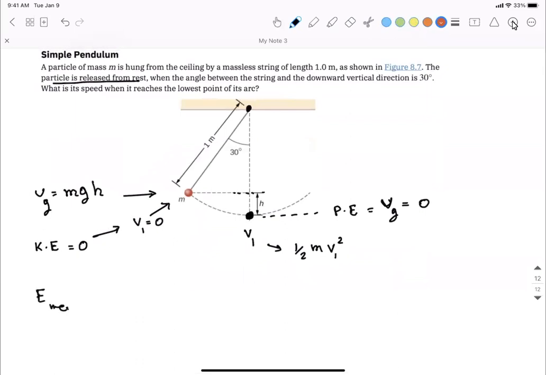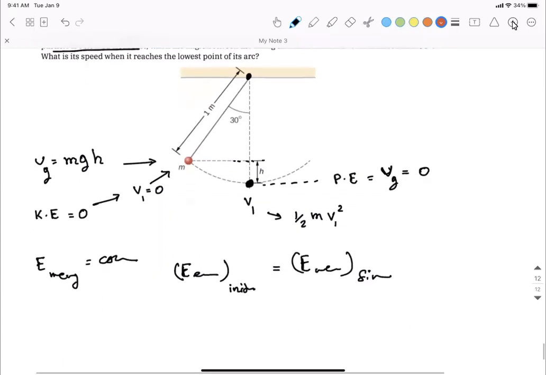That is the assumption. Mechanical energy of the system is constant. Mechanical energy initial is equal to mechanical energy final. Then we can go forward. Mechanical energy, kinetic energy, potential energy, but no springs involved.